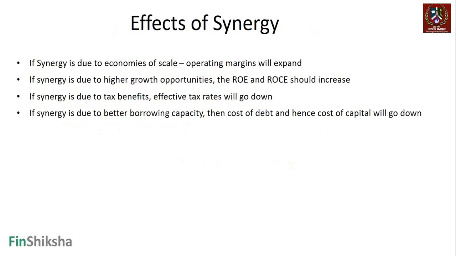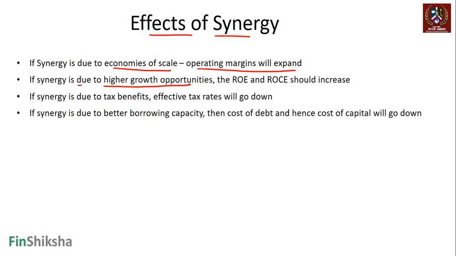Now, what typically would be the effects that you would see in the models that you create? If synergy is due to economies of scale, usually operating margins will expand. Why? Because costs will go down. If synergy is due to higher growth opportunities, right? There is bigger growth happening in various segments of the companies.